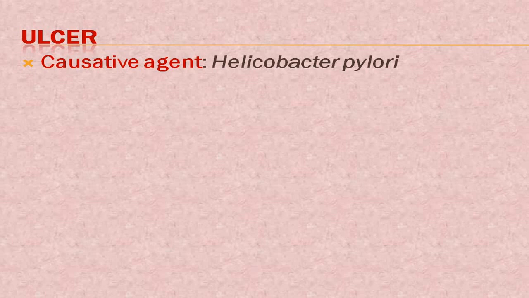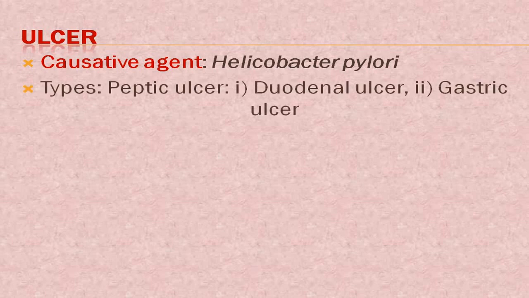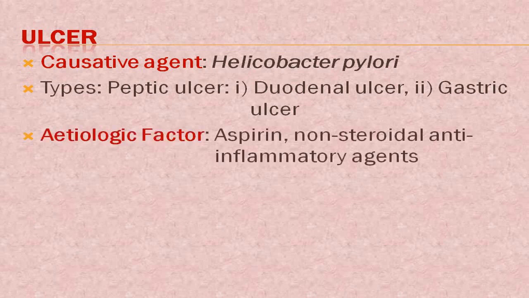Ulcer. Its causative agent is Helicobacter pylori, which is a bacteria, and commonly it is called peptic ulcer. It is of two types, duodenal ulcer and gastric ulcer. Pathological factors are some medicines, that is aspirin and non-steroidal anti-inflammatory agents.